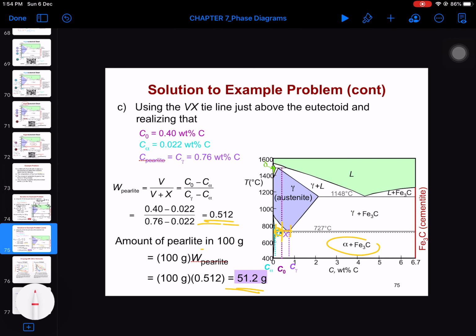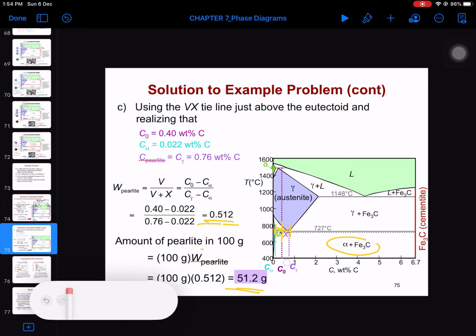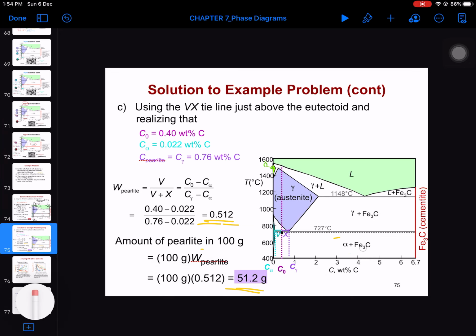Using the VX tie line, let me just clear this out for you. Why are we using the shorter tie line now? In order to calculate the amount of alpha ferrite and the perlite.